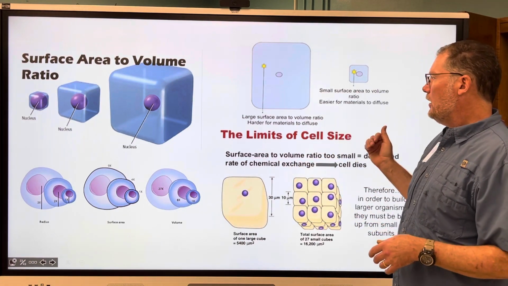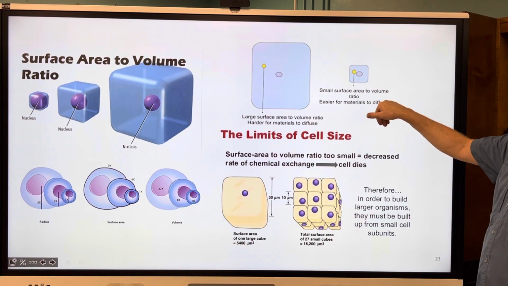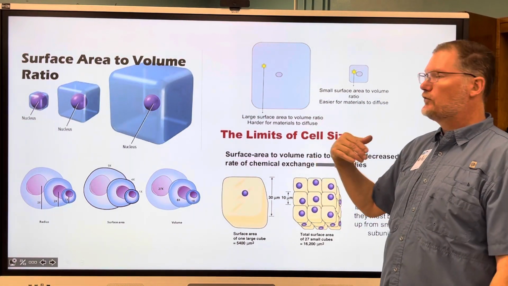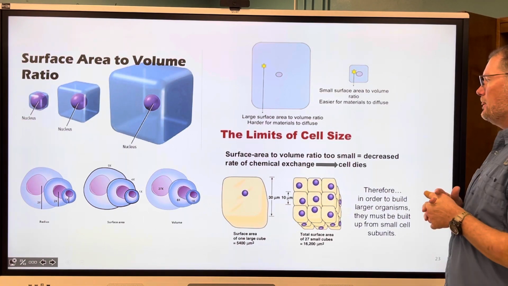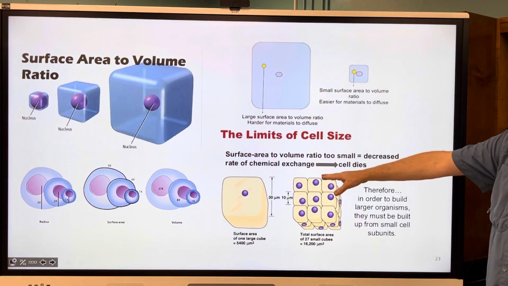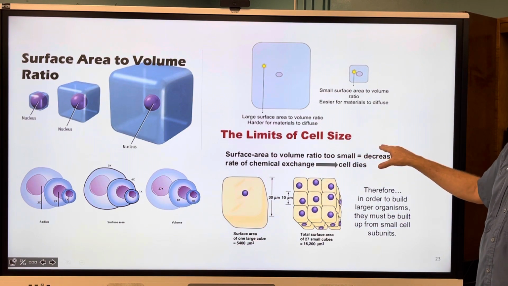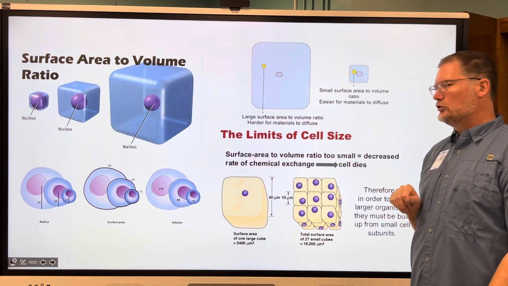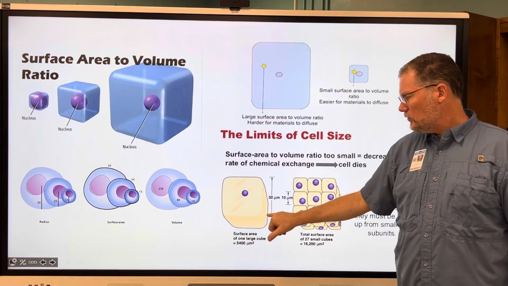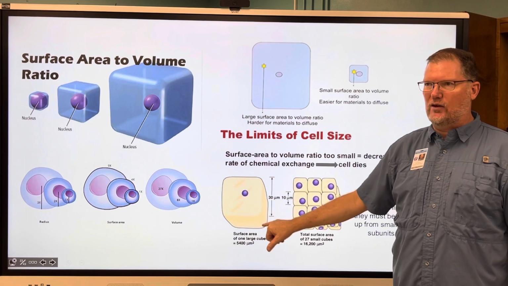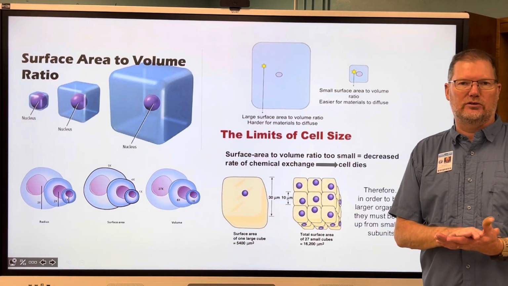And so the smaller the surface area to volume ratio, the easier it is for materials to diffuse from the outside to the inside, okay? And if the surface area to volume ratio is too small, you're going to decrease the rate of chemical exchange. So like I said, because of this, the rate of chemical exchange is going to go down for those materials needed.